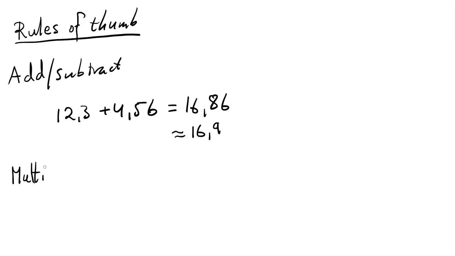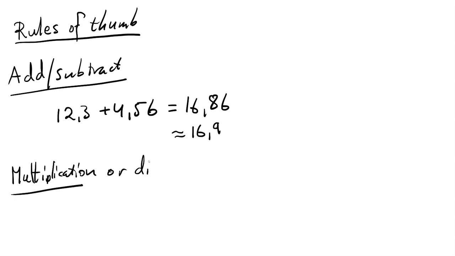If you instead have a multiplication or division, what kind of rule of thumb should you have then? Then the rule of thumb says that you should have as many significant figures in your answer as the number that has the least number of significant figures.